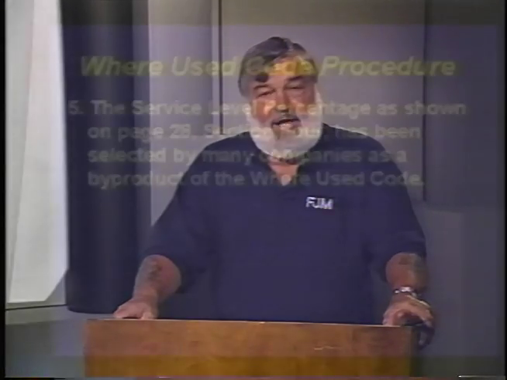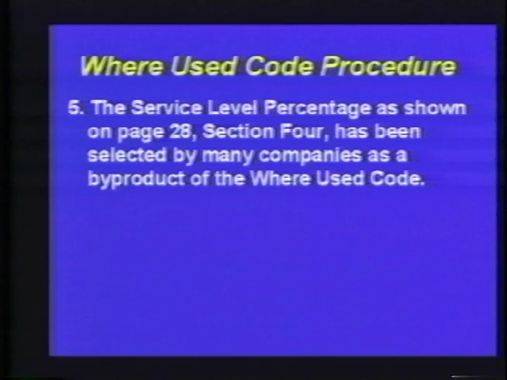We will go through the complete development of that particular ordering matrix on page 28 in section 4. Item 5 indicates that the service level percentage, as shown on page 28, section 4, has been selected by many companies like yourself as a byproduct of the where used code.